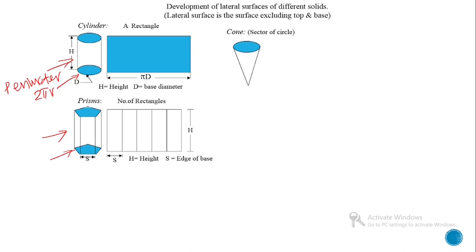Another one, cone. Actually, the development of a cone is nothing but a sector of a circle, like this. Here this included angle we can represent as theta, and this length we can represent as L. L means the true length of the generator.